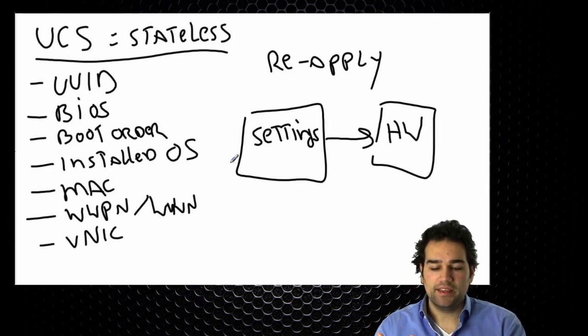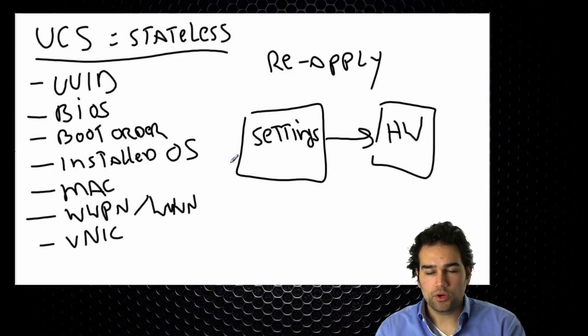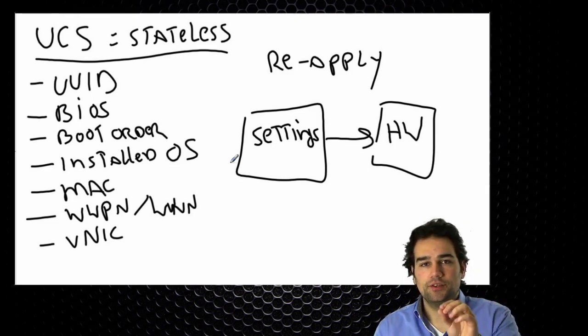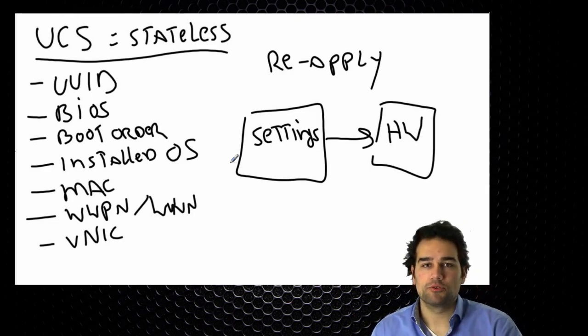So by default, I always need to do settings on the servers before I can start working with them. So servers are powered down when you start up your UCS, and I do need to do some settings to, let's say, all right, you use this setting, you use that setting, and then you can power on the server.